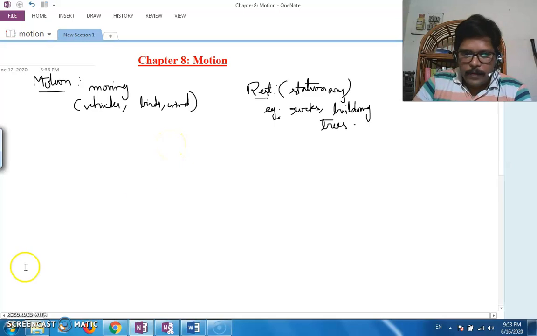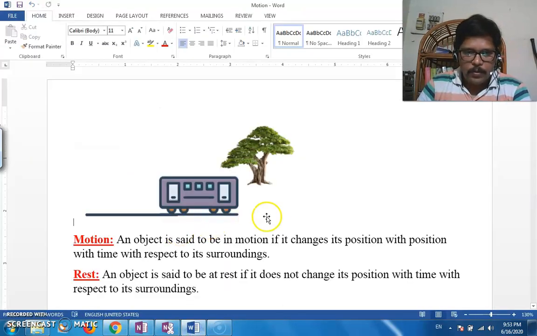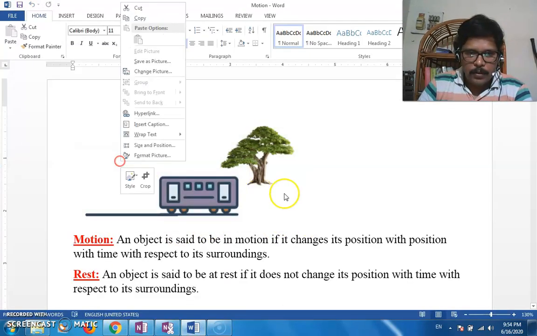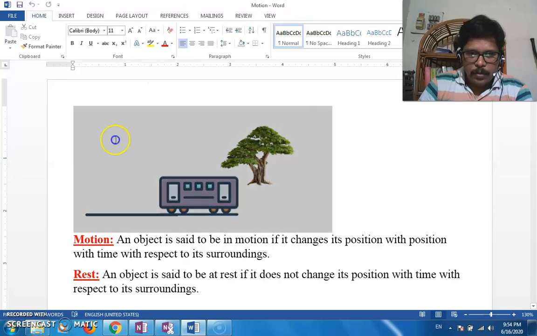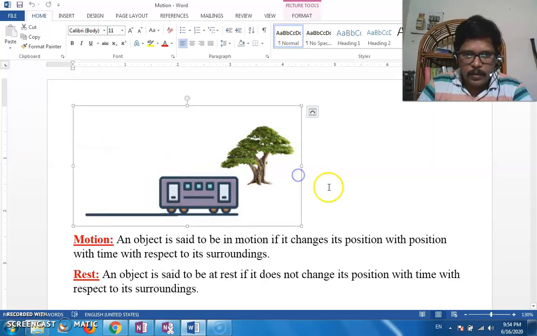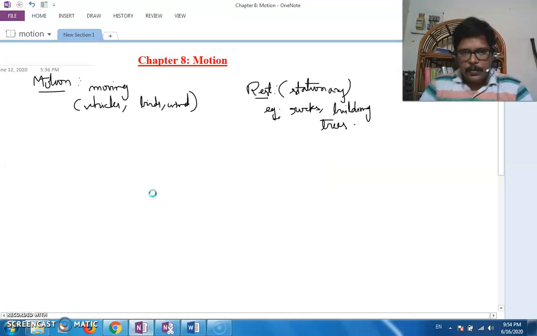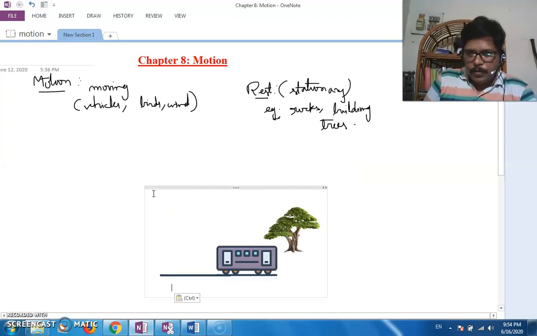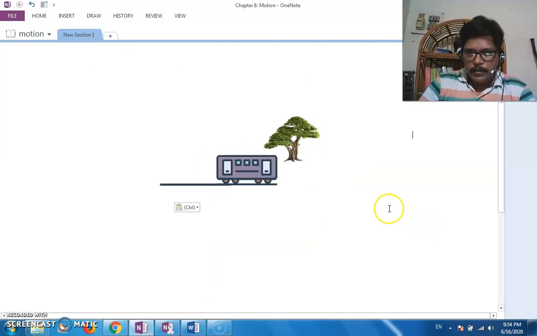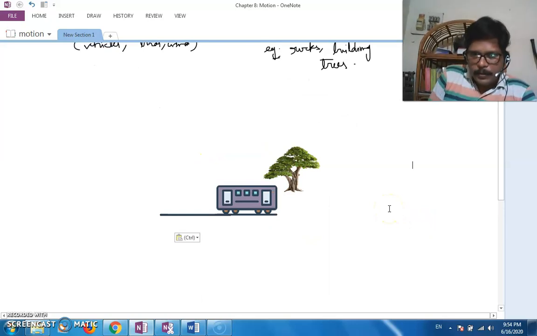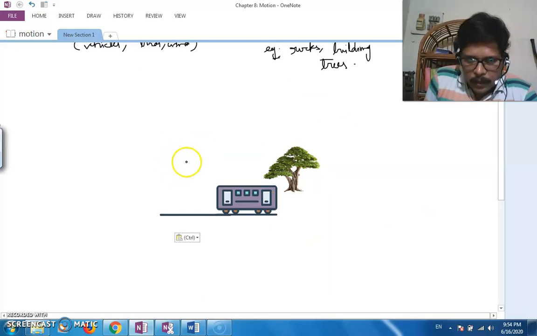Now, to have a clearer idea about the concepts of rest and motion, let me pick this example. In this example, we are seeing a tree and a railway compartment.